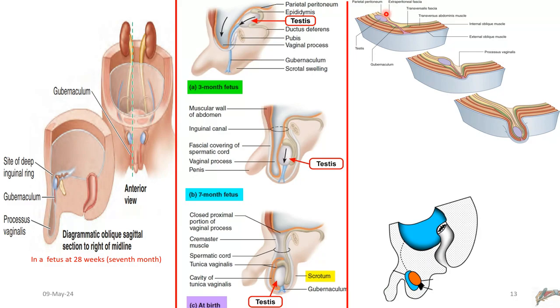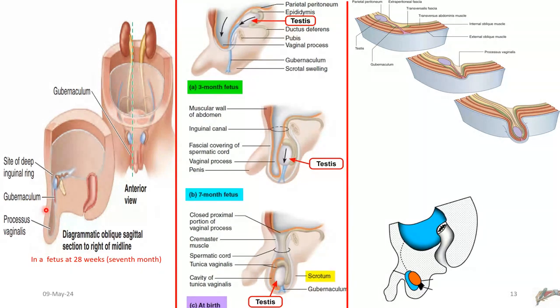As they are being pulled downwards, they come along with the parietal peritoneum, and they are going to invade the layers of the abdominal wall, and be pulled down into the scrotal swellings, or the area of the future scrotum. Okay, so after the testicle descends, what will happen?